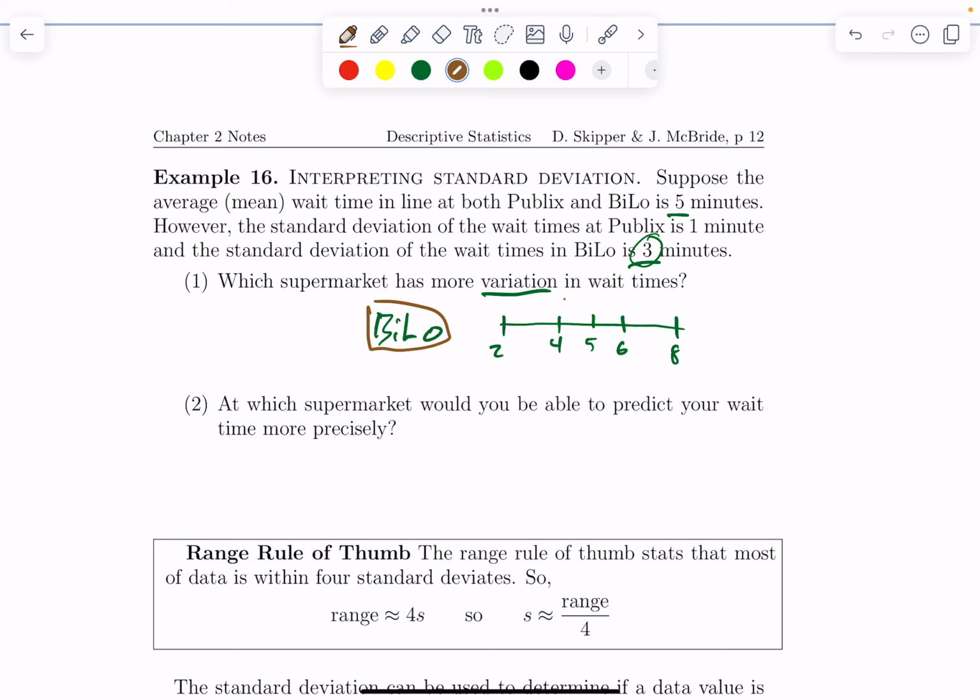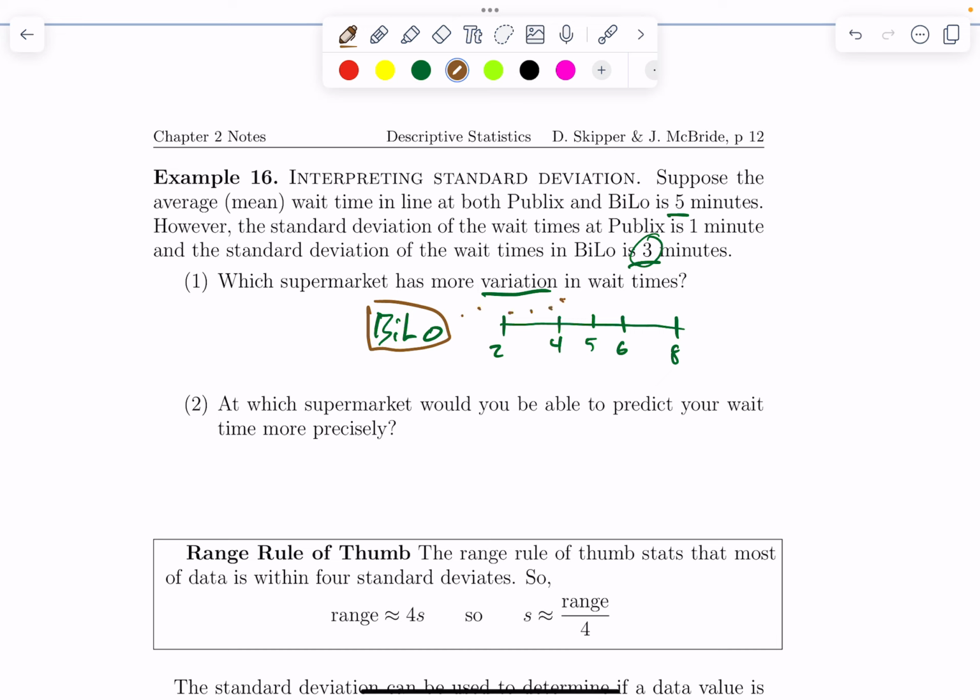And that's an average, so sometimes it's closer, sometimes it's further away. But the average is around 3 from the mean. So that's spread out quite a bit more than Publix, where the deviations are only 1 away from the mean. So that's much tighter, more tightly packed.